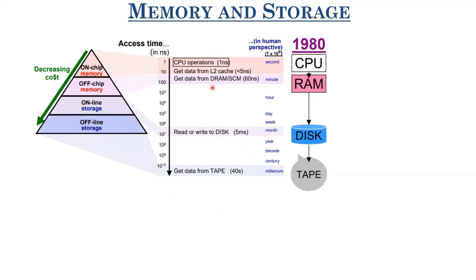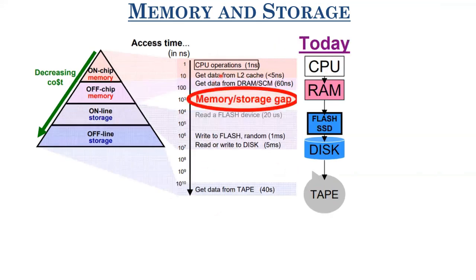Today, the scenario has changed. There are some memory devices which actually fill this gap. For instance, SSDs, or solid state drives, that are being used nowadays are faster than your hard disk, but slower than your main memory or DRAM. So SSD is filling this gap, or reducing the gap between memory and storage according to the conventional norms.